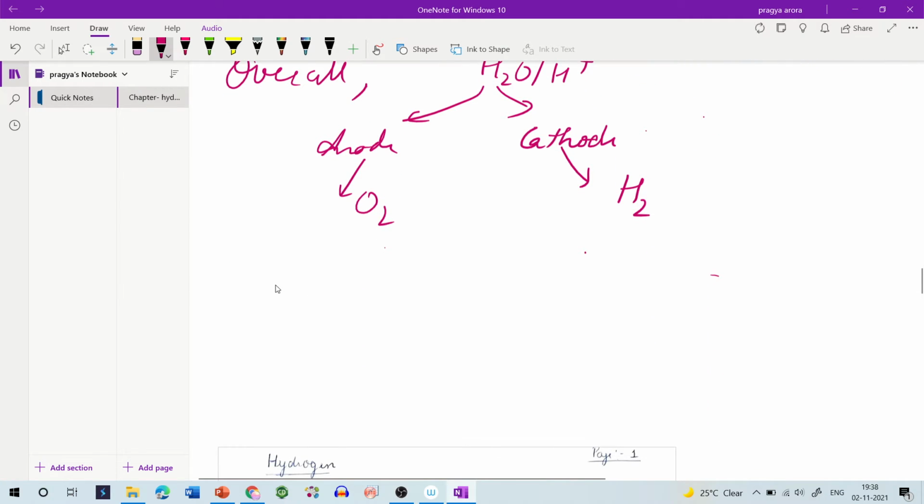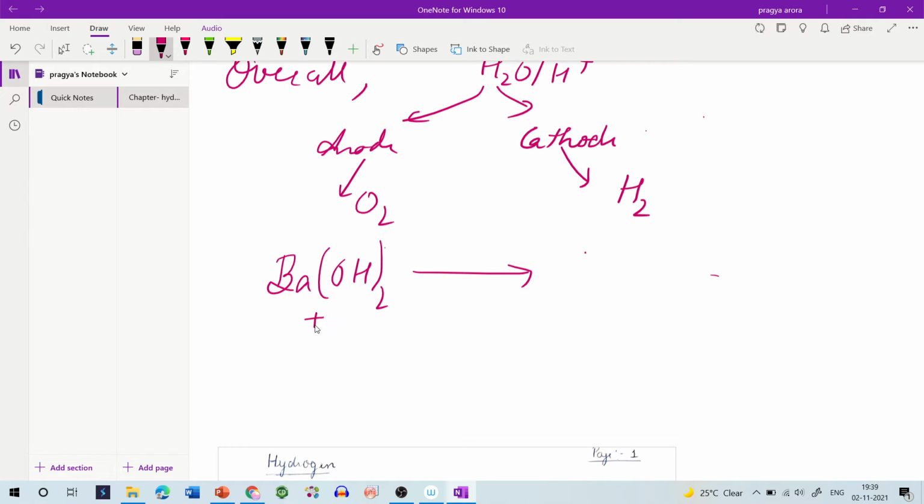Other methods are also there to produce hydrogen gas using electrolysis, where an aqueous solution of barium hydroxide, Ba(OH)2, in the presence of water, is electrolysed with the help of nickel electrodes. Here we used platinum electrodes.